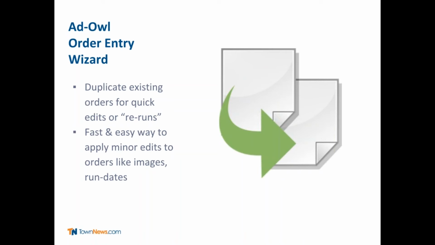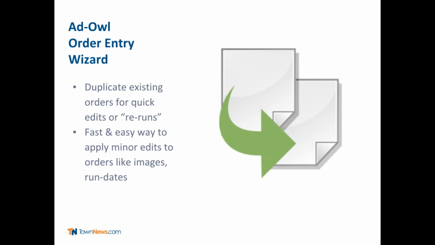The goal is that if you want to fix minor mistakes on an existing order that has already been placed, such as changing the run date, changing a color, or fixing a spelling mistake, you can replicate the order, change that, and resave it, and you'll have a new ad, and an order will take place for the next run cycle.